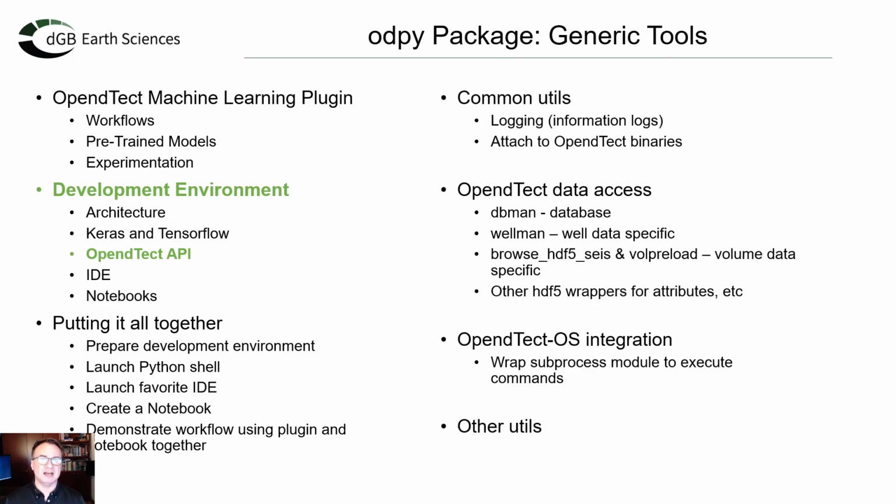So we have two basic sets of tools. Python tools are generic tools that allow us to communicate with OpenDetect's database and do things that aren't really machine learning specific, but allow us to work with OpenDetect inside of Python.